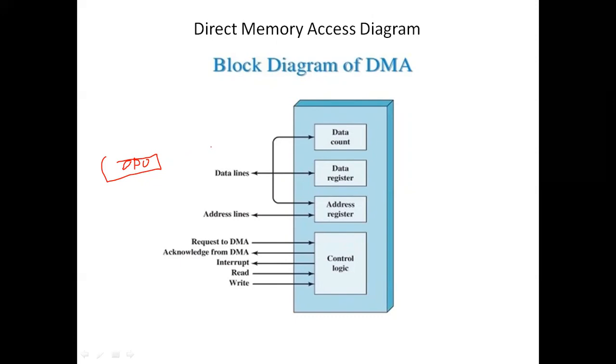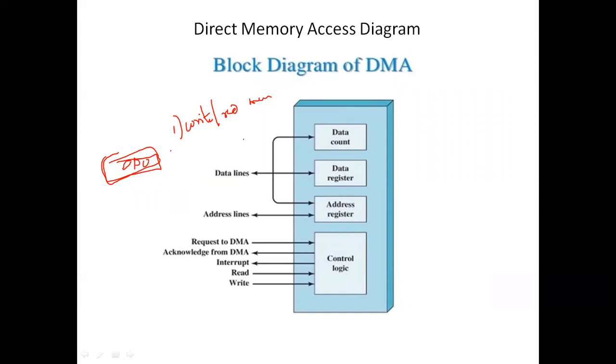The first information the CPU gives is whether the data has to be written to the memory or read from the memory. So the first one is write or read from memory. This is the information it first asks for.